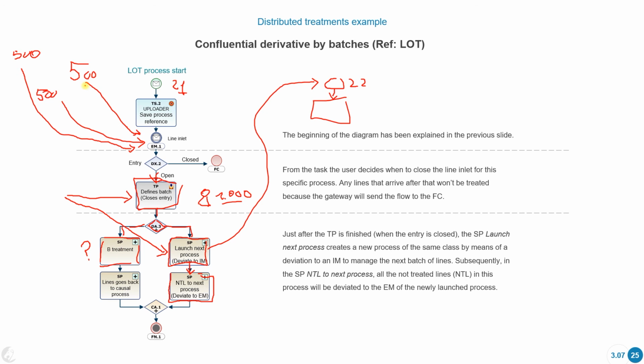But now we have 500 lines that are stuck in this process, and we need to do something with them. So this subprocess is going to deviate these 500 lines to the EM of this new instance that was created, the 500 lines that aren't part of this batch.